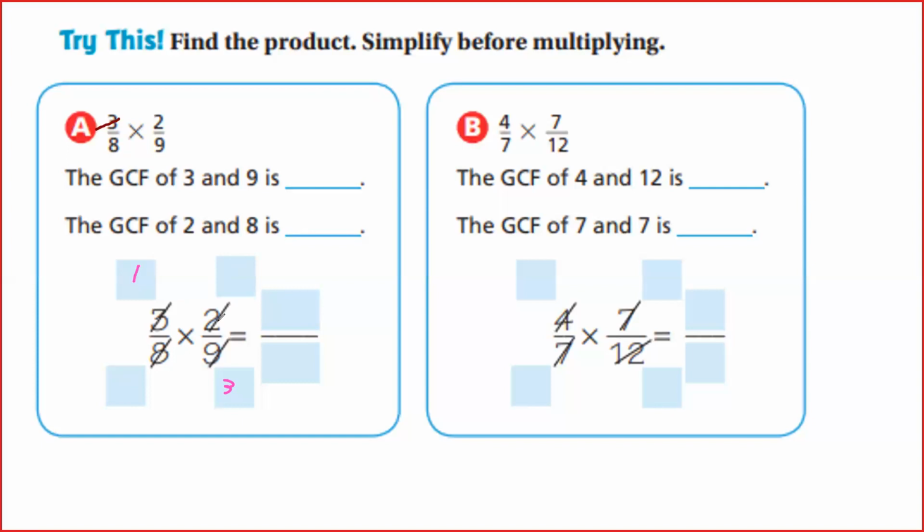Divided by 2. 2 divided by 2 is 1. And 8 divided by 2 is 4. Bravo. The next, what do you have to do?